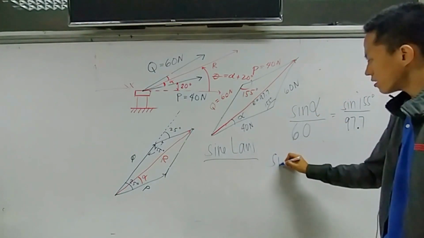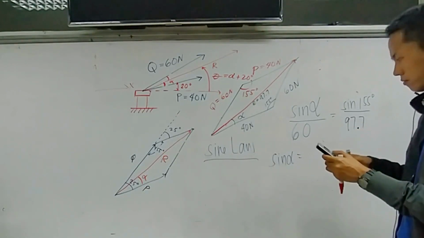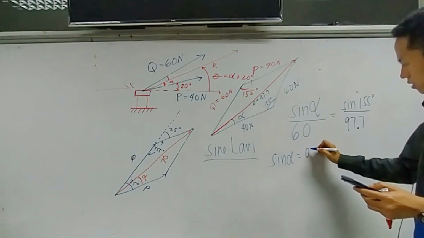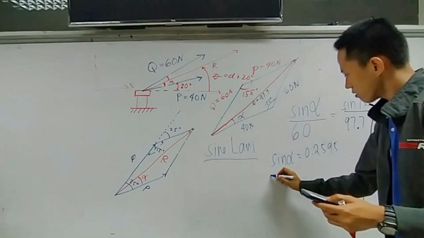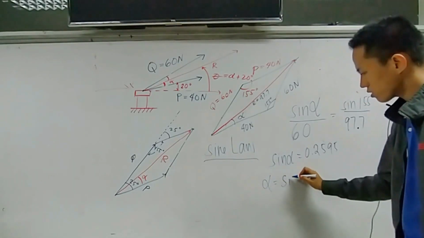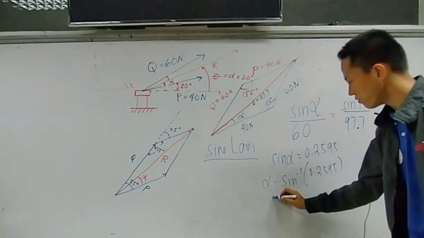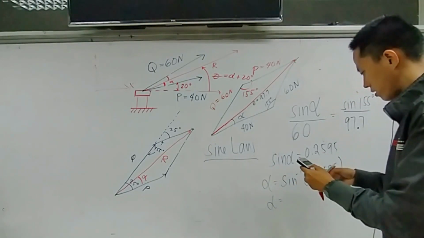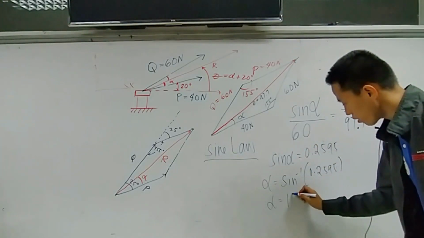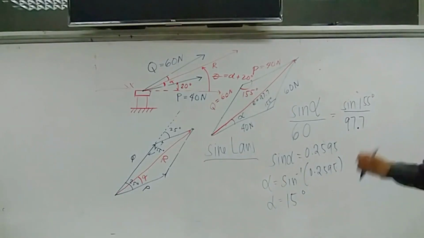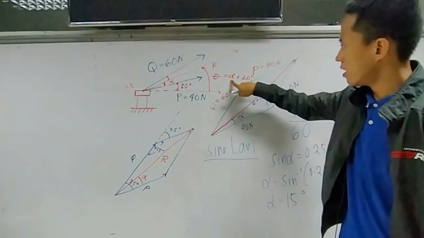So sine alpha equals, times 60 lang, both sides. So you have here 0.2595. Okay. Then, so alpha equals arc sine of 0.2595. So, alpha equals, arc sine natin, that is approximately 15 degrees. So, therefore, ang angle natin, theta equals alpha plus 20.